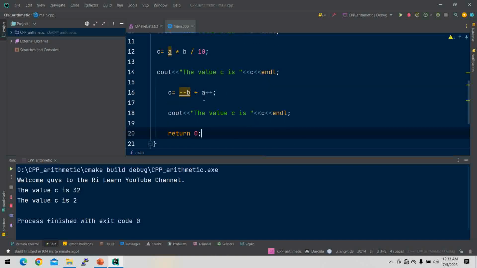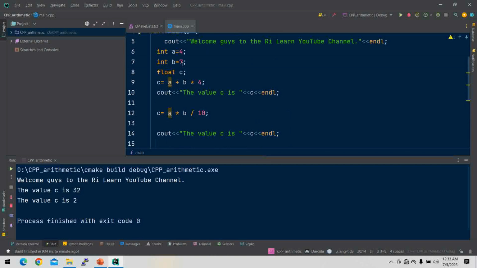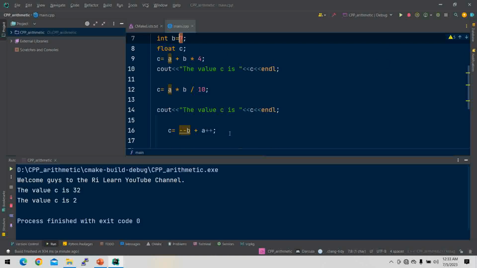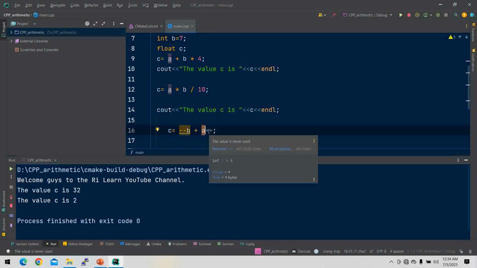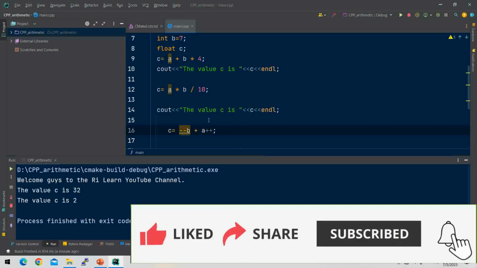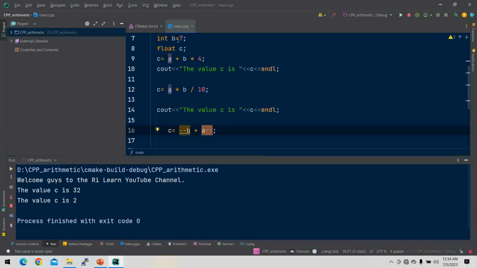Okay, so what is the value of b? b is 7, and the value of a is still 4. Then, as you know, with postfix operators the result is added after the expression is performed. So this one is how much? 4. So the plus plus happens afterwards, but here it is not added yet, it stays 4. And this one is minus minus b, then minus minus means 6.